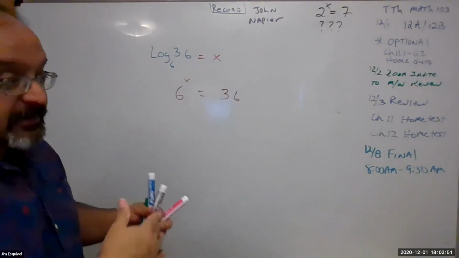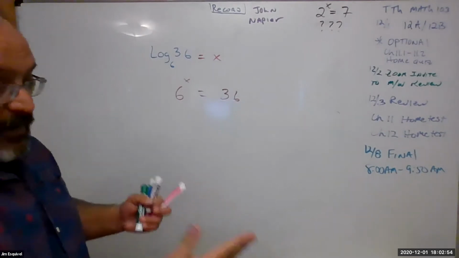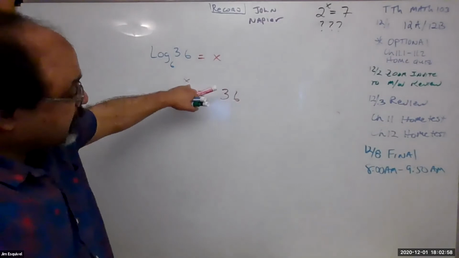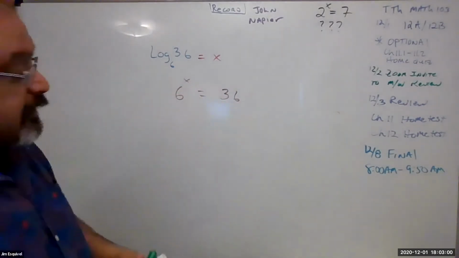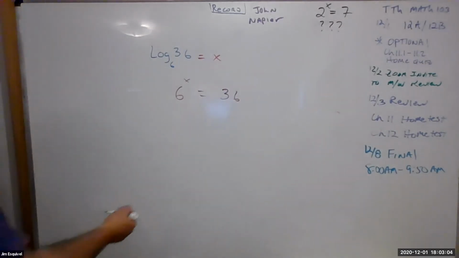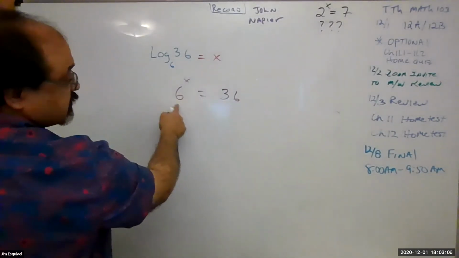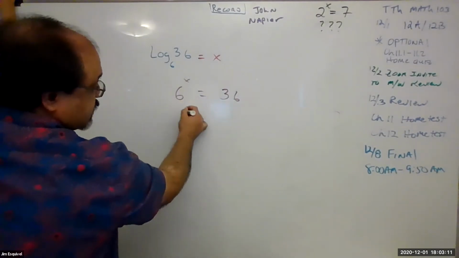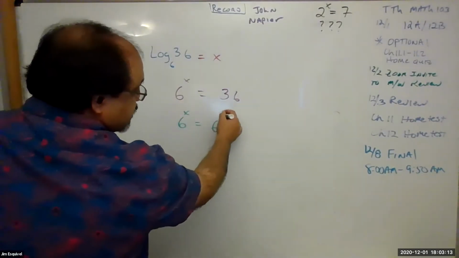And it eliminates that initial guess, that initial reaction. 6 to what power is 36? Now if you can see, hey, that's going to be a 2. x equals 2. That's fine. Well, remember the way we solve this is we get a common base on both sides: 6 to the x over here, 6 to the second.